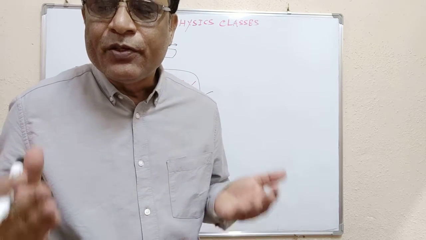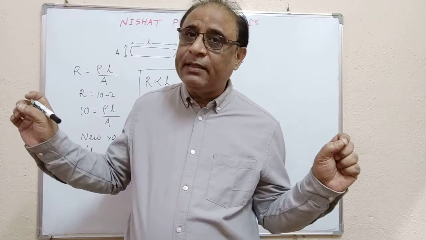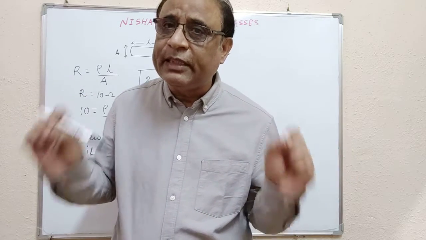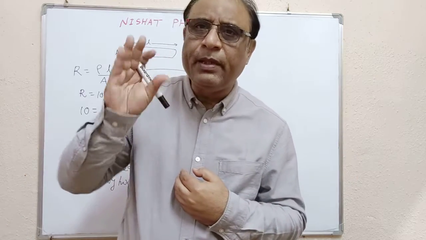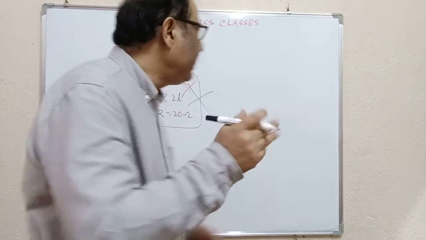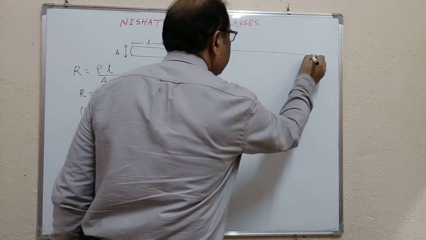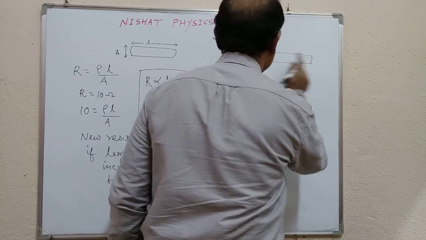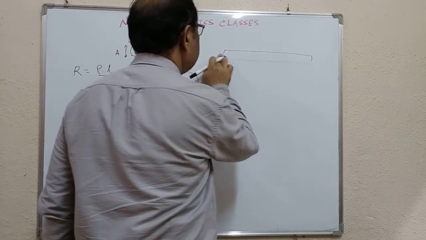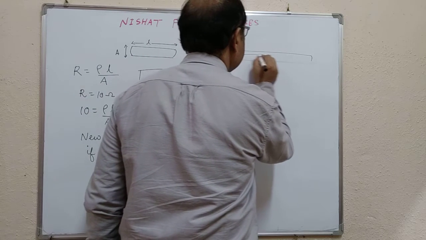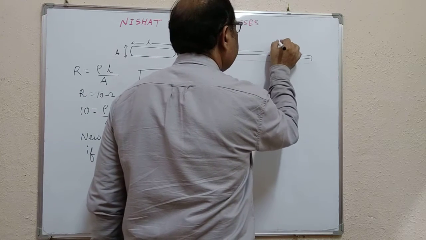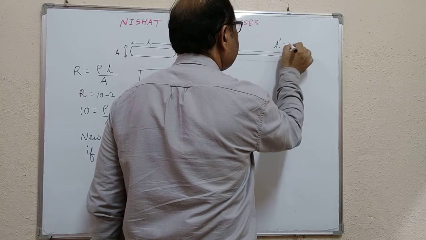So when length increases, the cross section area decreases. We have to keep this in mind very clearly. Then the length becomes 2L, that is L dash.